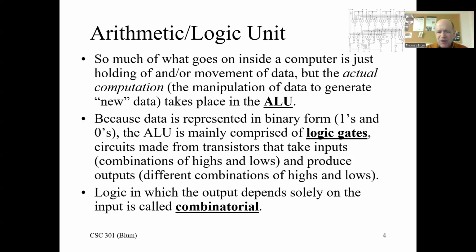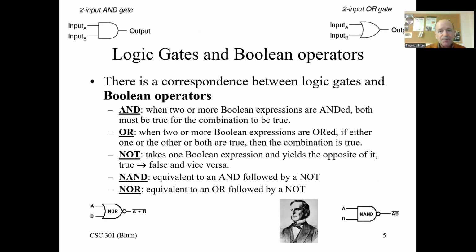If the output ones and zeros depend solely on the input ones and zeros, and not on something we've done before, but just on what we're doing right now, then this logic is known as combinatorial. Everything in the ALU comes down to logic. Arithmetic is really just a variation on logic.